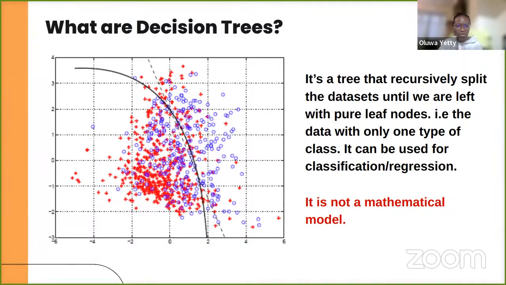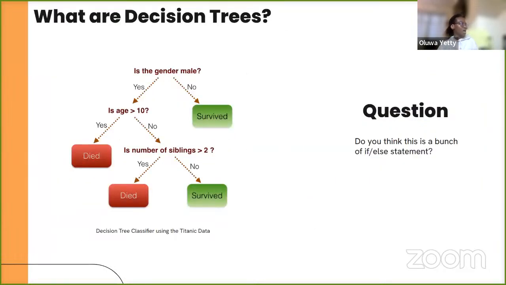Another example is your normal linear regressor, or linear regression, as some people may call it. That's a mathematical model. But a decision tree is not a mathematical model, and we will see the reason why as we go further in this course.